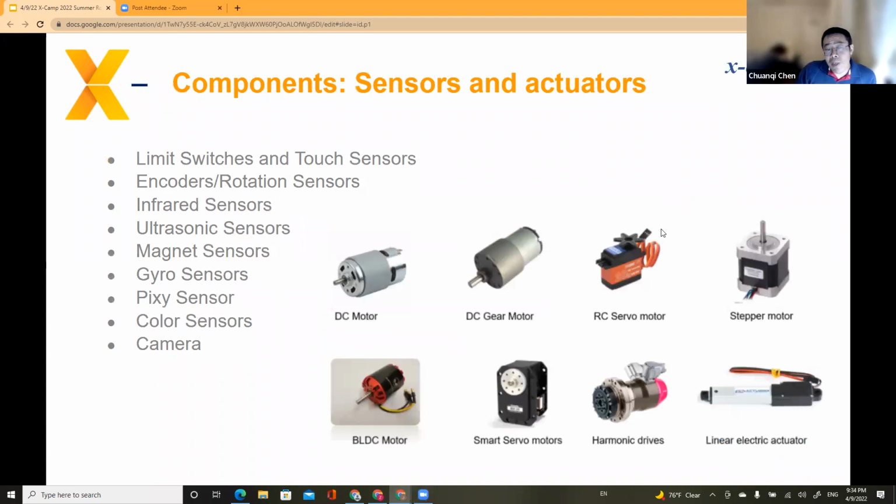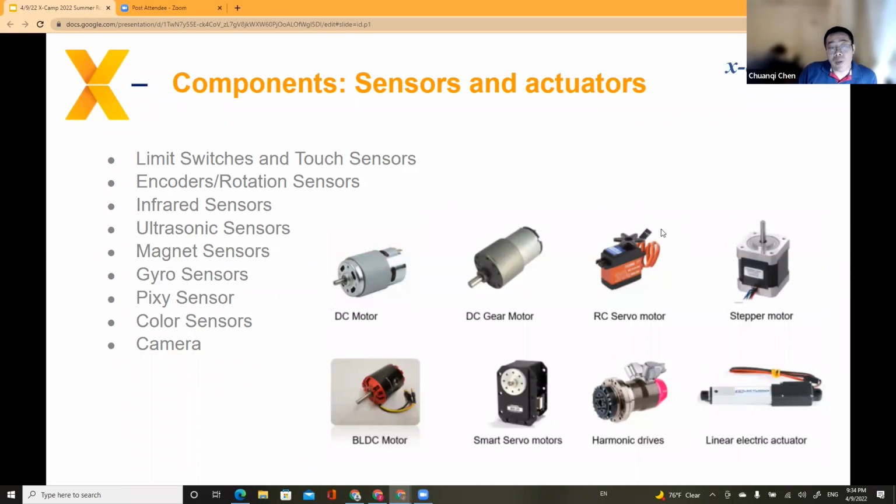Some of the key components we'll talk about: sensors, the color sensor, the camera, which let the robot sense the environment. Distance sensors and lidar sensors, so you can figure out the distance from the wall or any other object.